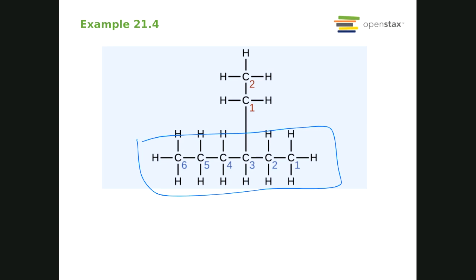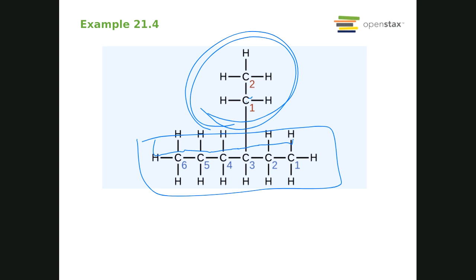I can't go back and say 7, 8 because that's not part of the main carbon chain. This is going to be a branch now. Because it's a 2-carbon, it used to be ethane, now it's ethyl. It's attached to carbon number 3, so it's going to be 3-ethyl, and then the 6-carbon is going to be hexane. 3-ethylhexane.